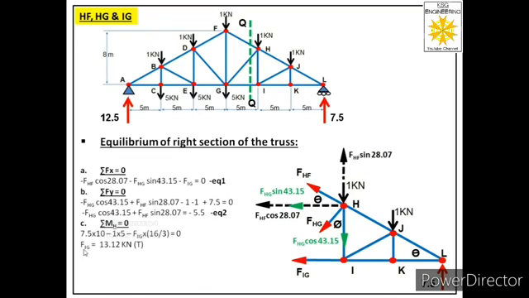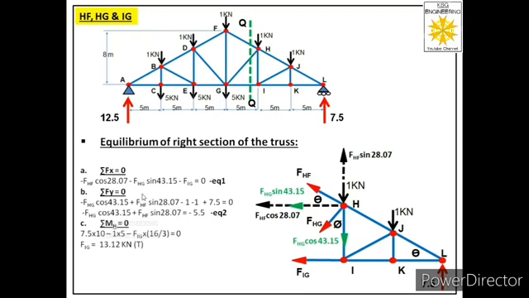Now once we get the value of FIG, what we will do is put this value in equation 1. Then we will get equation 1 in terms of FHF and FHG. Equation 2 is also in terms of FHG and FHF.